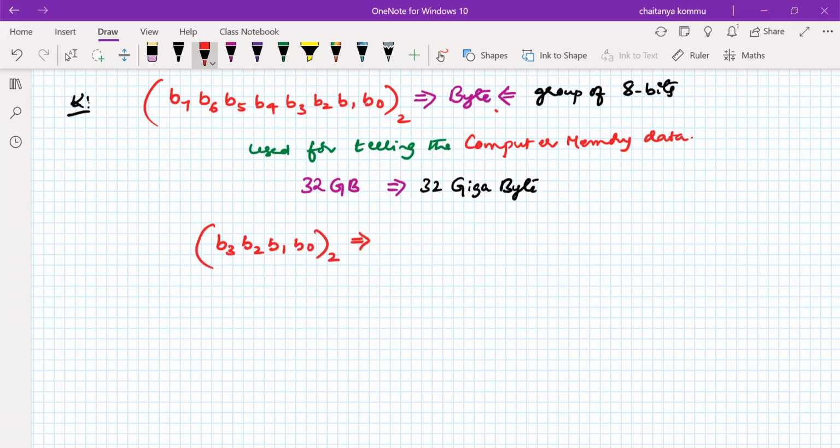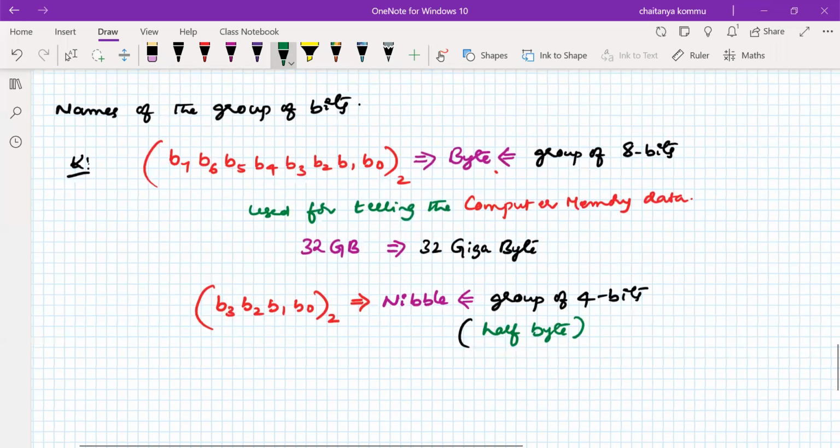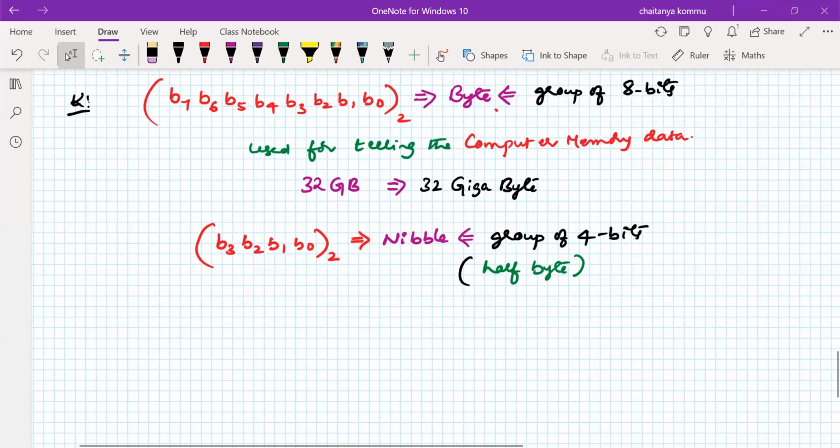That means a set of 4 bits is called a nibble. Sometimes it is useful to represent the data as a number of nibbles. A group of 4 bits is sometimes also called a half byte. Is it clear to all of you? So this is the group of bits that we can call it.